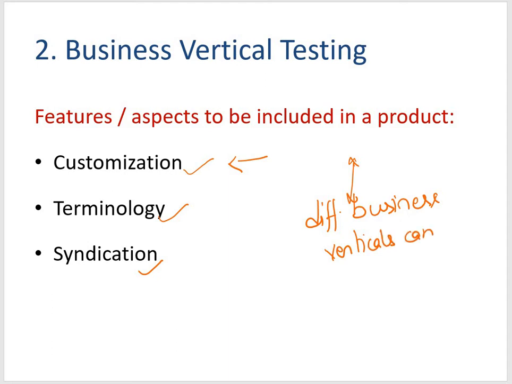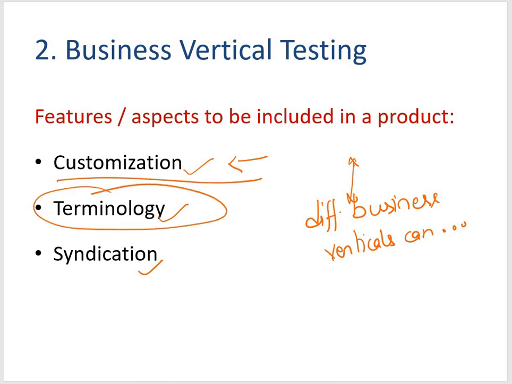With the help of this point, the general workflow of a system is modified in accordance with the specific business verticals to make a match. So we take care of this customization part as well.